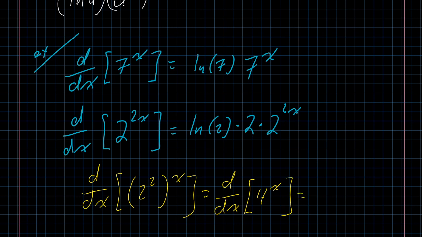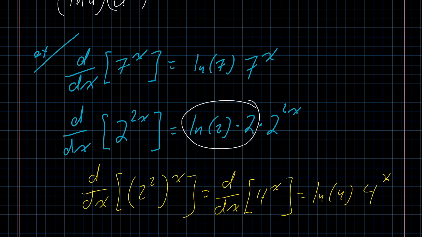All right, well, the derivative of 4 to the x would be natural log of 4 times 4 to the x. So we have two different ways of writing the same derivative. But that's okay.